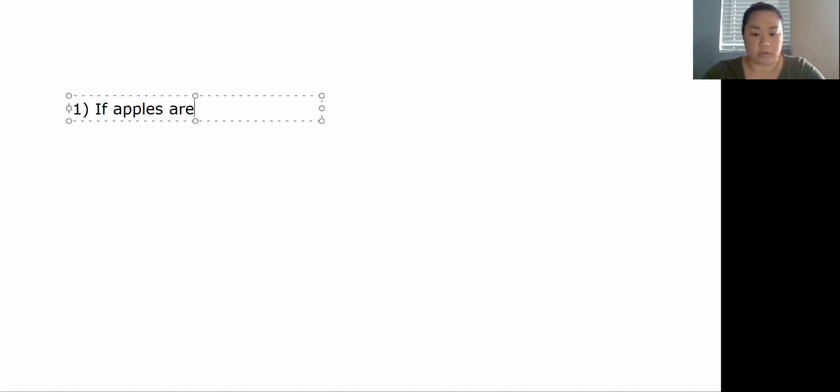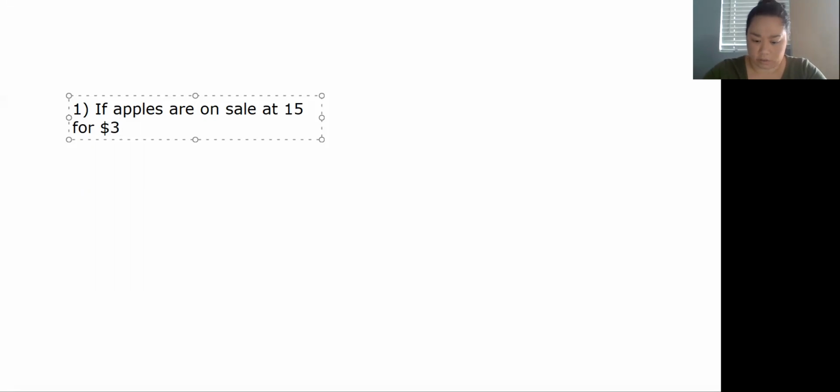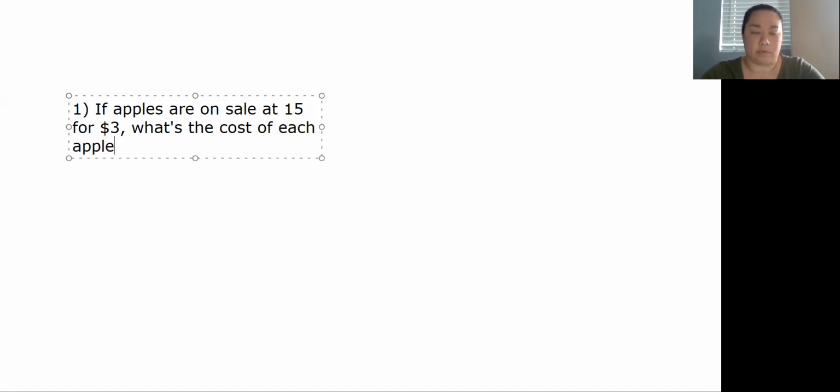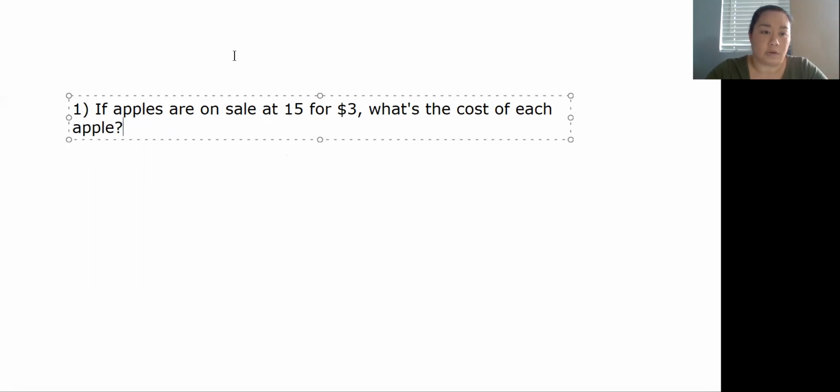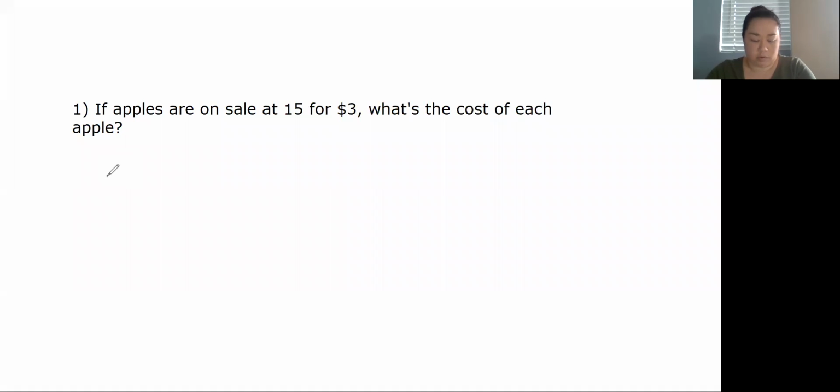Let's see if apples are on sale at 15 for $3 each. Okay, so all right, here's the first one.